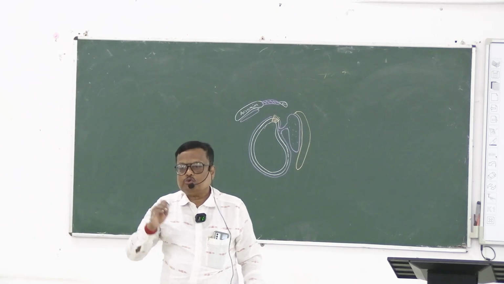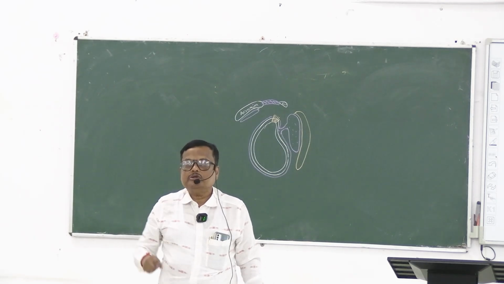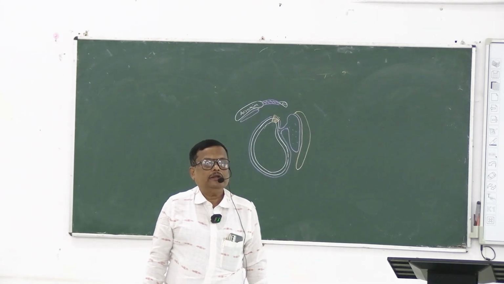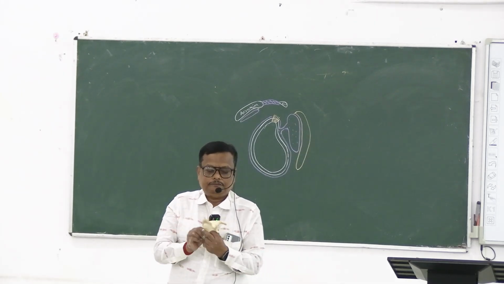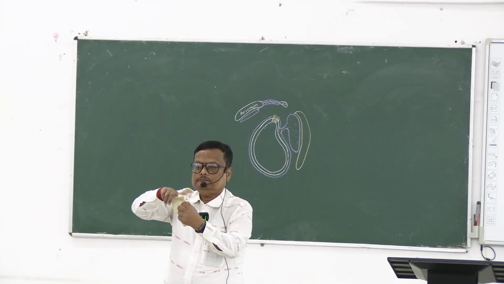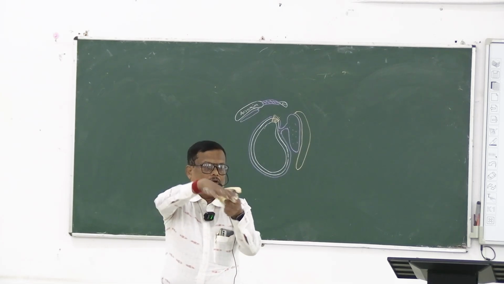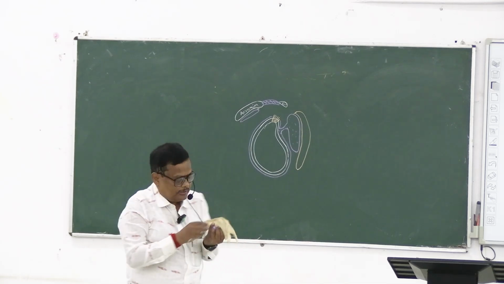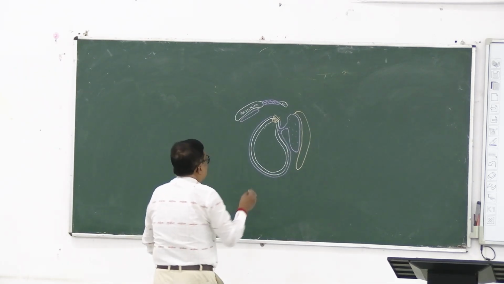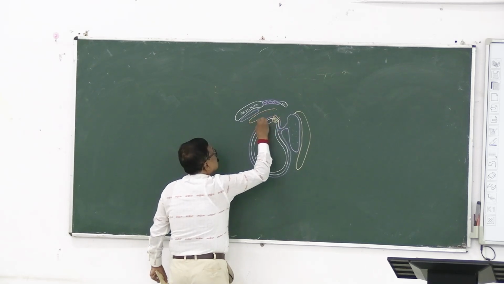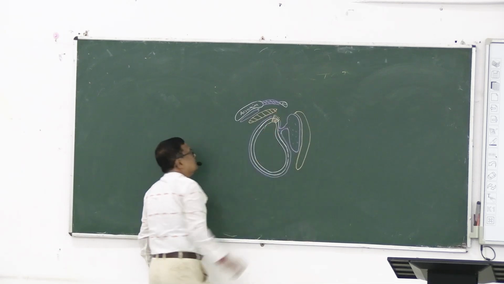The bursa is given so that constant friction is avoided between the muscle and the bone. What is the name of the muscle? A muscle is going like this from this fossa. Yes, supraspinatus. So I draw, if you learn it this way you will remember, I draw the supraspinatus muscle. So it is the supraspinatus.